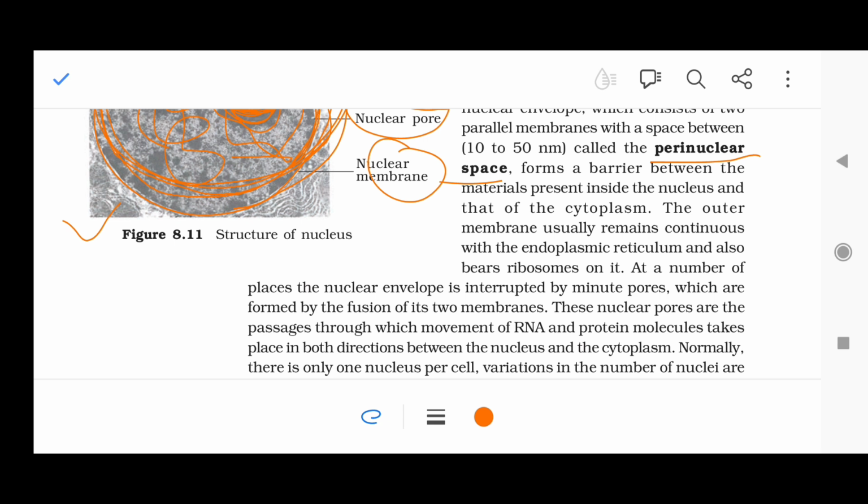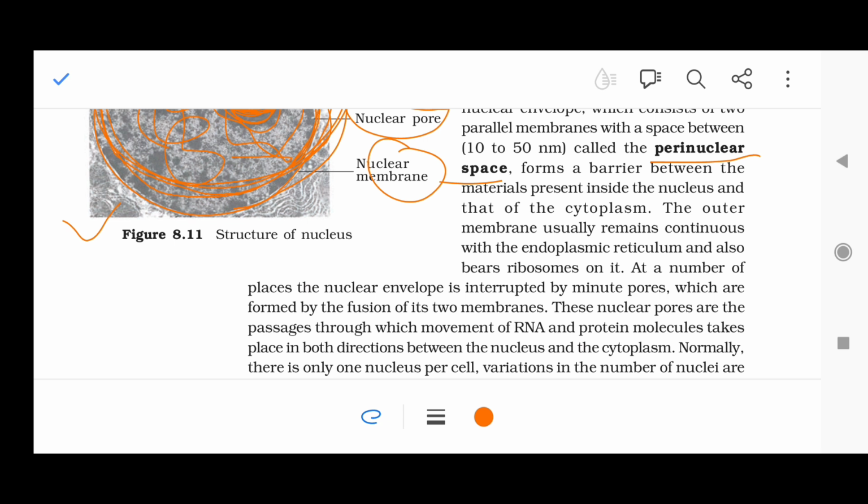Basically the nucleus is present inside the cell, and in the cell the matrix, that fluid portion, is called cytoplasm, and inside the nucleus it is called nucleoplasm. So that nuclear membrane forms a barrier between the nucleoplasm and cytoplasm.